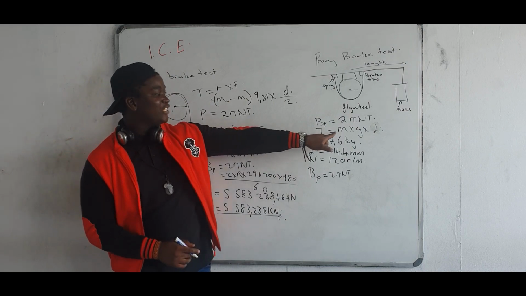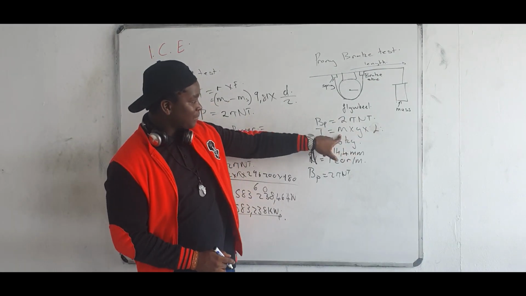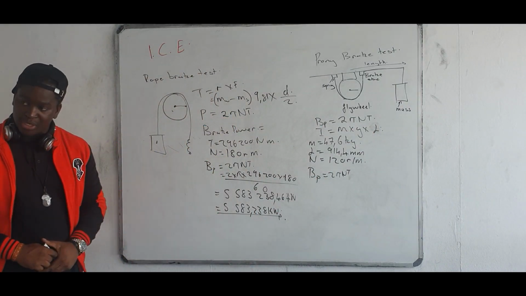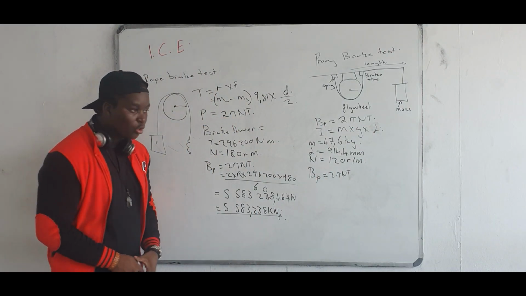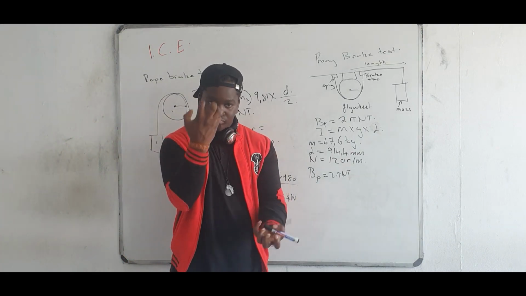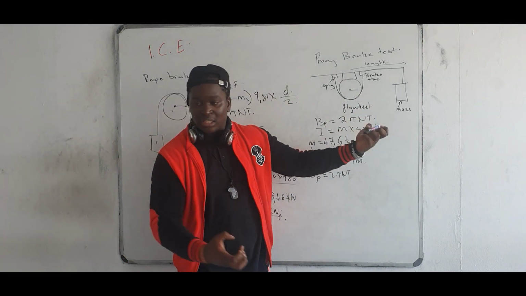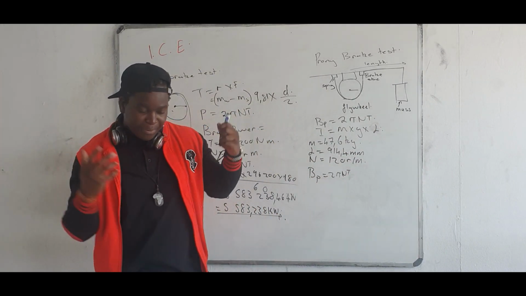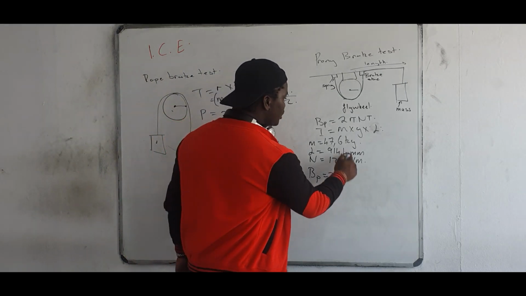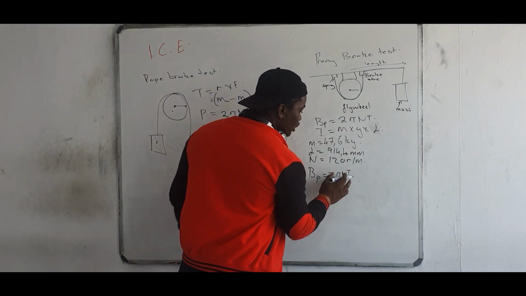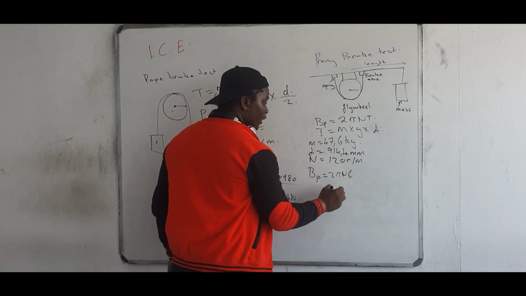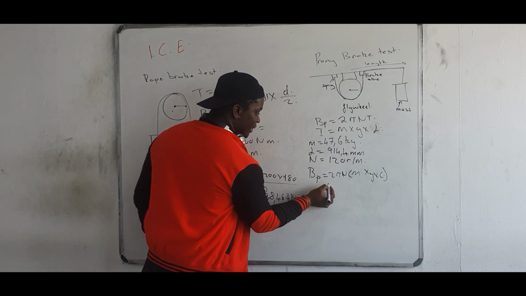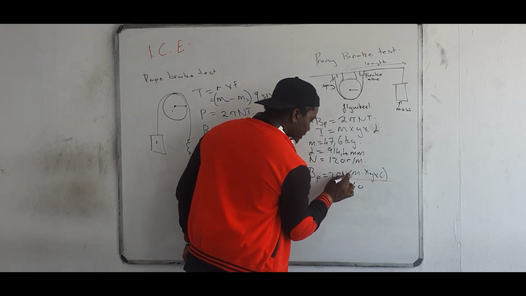But we do know that T is equal to mgl, which is the mass multiplied by the gravity multiplied by the L. If you are given the mass of the spring, you also subtract it, because we don't want anything that is going to negate the force that should be exerted by this mass. So it depends question by question. But we know that torque is equal to mass by gravity multiplied by length. So in brackets for torque, we're going to say multiply by the mass, by the gravity, by the length, then close bracket, and then everything divided by 60.